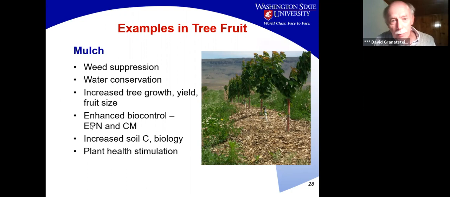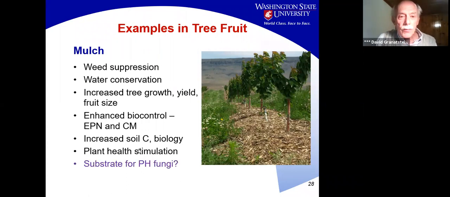These are beneficial nematodes, and the potential to control overwintering codling moth. Well, the mulch provided a habitat for these guys to survive and find the codling moth that bare ground did not. So we were able to achieve 90 to 95% control of codling moth down in that mulch where we had it versus bare ground. And obviously mulches are going to help with our soil and stimulate the plant health.